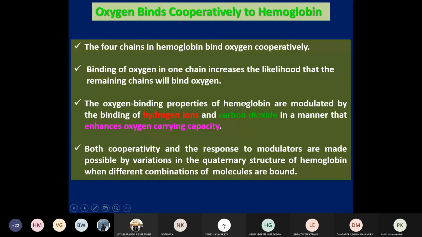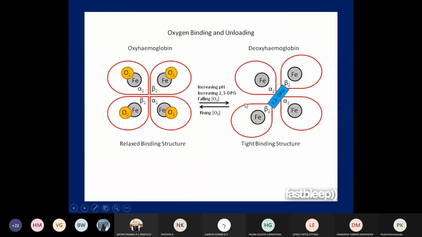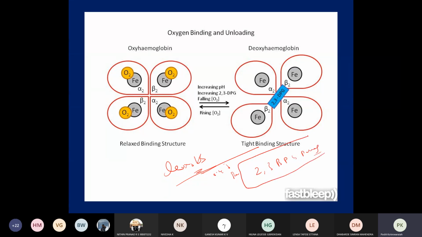One more point I forgot to mention in the last class. In the deoxy state, in deoxyhemoglobin, as I already said, the iron atom is present 0.4 angstroms outside the plane. In addition to this, in the deoxygenated state, deoxyhemoglobin also has a 2,3-BPG pocket.